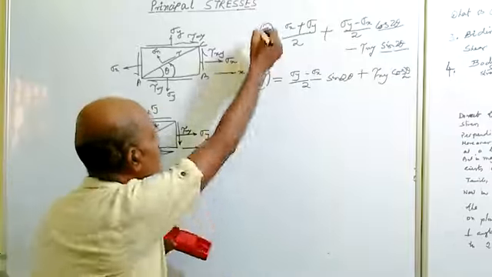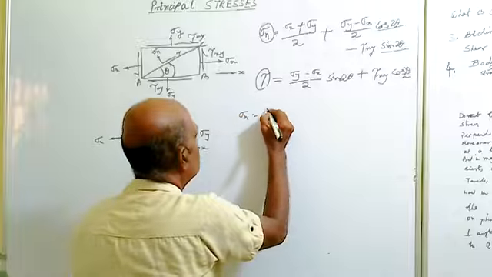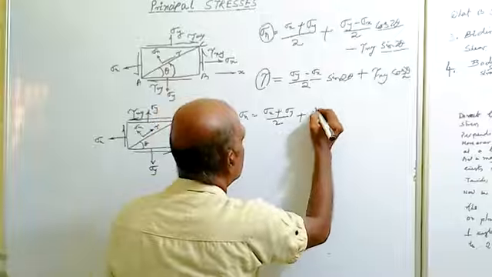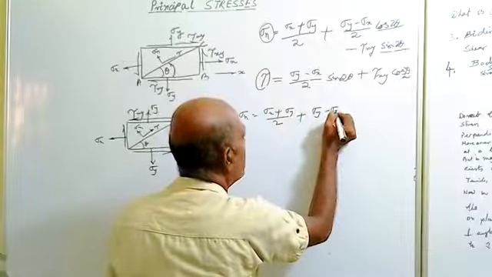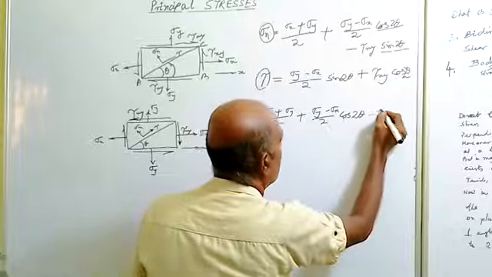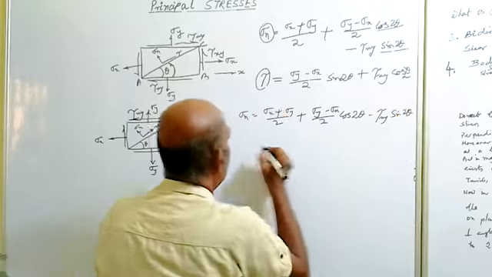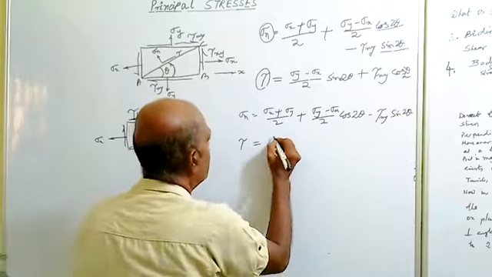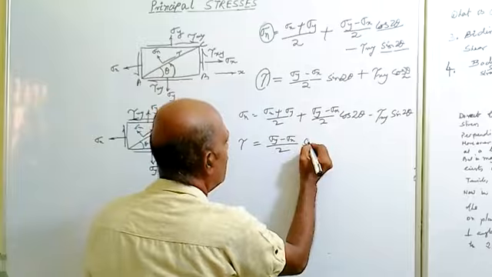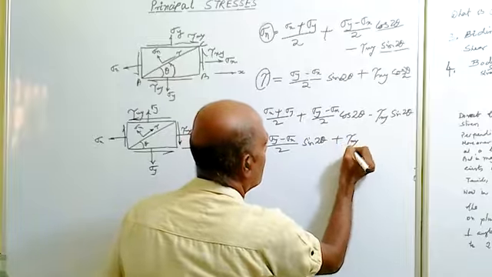Now the same formula we will write for this case: sigma n is equal to (sigma x plus sigma y)/2 plus (sigma y minus sigma x)/2 cos 2 theta minus tau xy sin 2 theta, and tau is given by (sigma y minus sigma x)/2 sin 2 theta plus tau xy cos 2 theta.